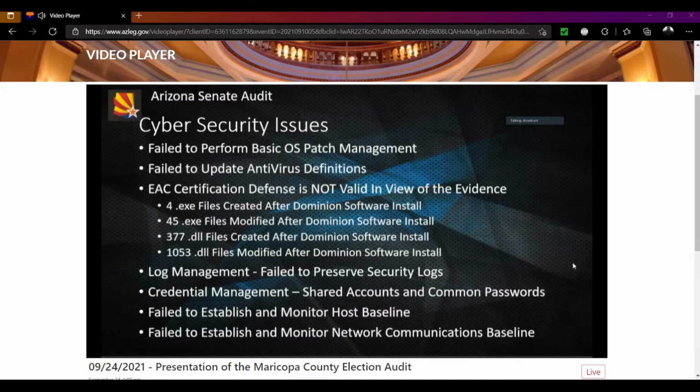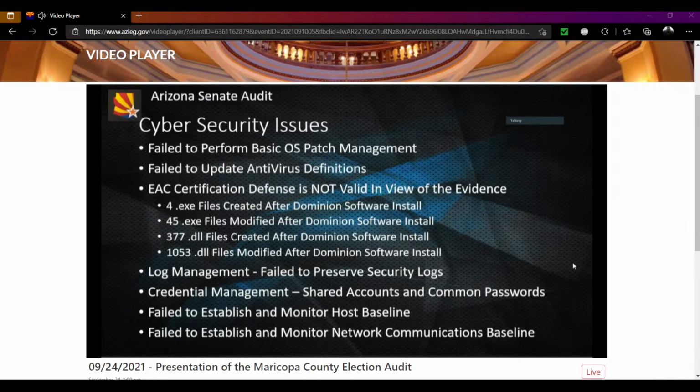All major security vendors update their antivirus at least on a weekly basis to make sure that we can protect our systems from these newly originated vulnerabilities and exploits. The last time that the antivirus had been updated on the Maricopa County systems was the 6th of August, 2019.